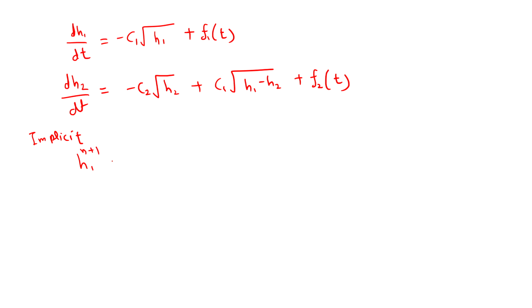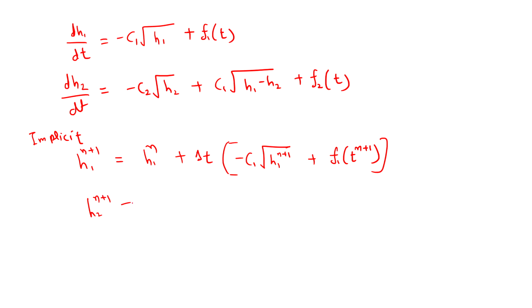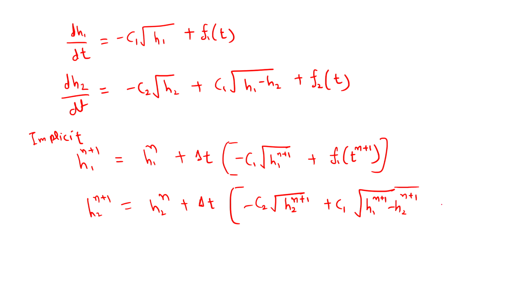h1^(n+1) is nothing but h1^n plus delta t times (minus c1 root h1^(n+1) plus f1(t^(n+1))), and h2^(n+1) was nothing but h2^n plus delta t times (minus c2 root h2^(n+1) plus c1 root (h1^(n+1) minus h2^(n+1)) plus f2(t^(n+1))).